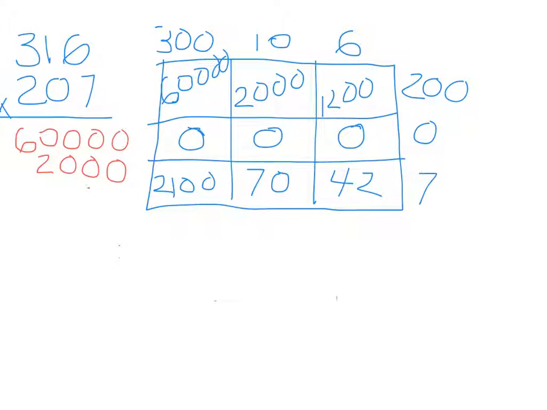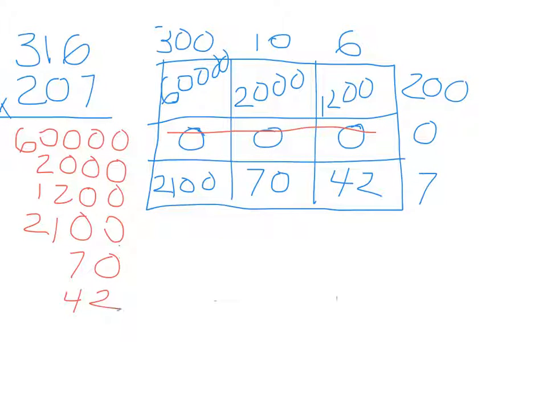And then we've got a couple of zeros here. And I'm going to just exclude all this 0 line here because it's not going to change the outcome of our question. And then, of course, we're down here in the bottom row. And our 70 and our 42. There, everything looks pretty good now.